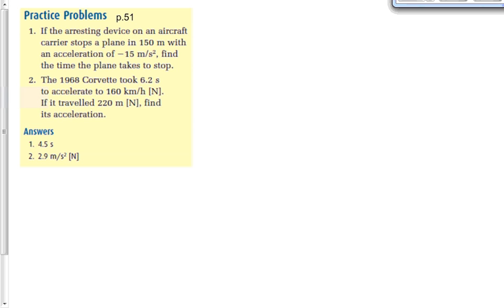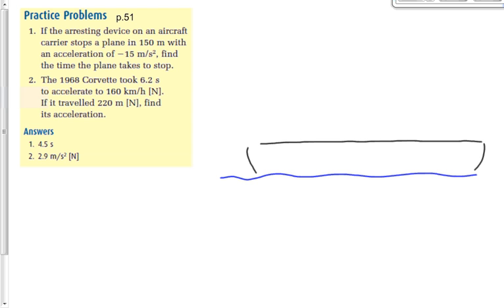What is that? So this is the ocean, and this is my aircraft carrier right here. The plane comes down here. Let's not put wheels on it. I'll butcher it if I try to do that.